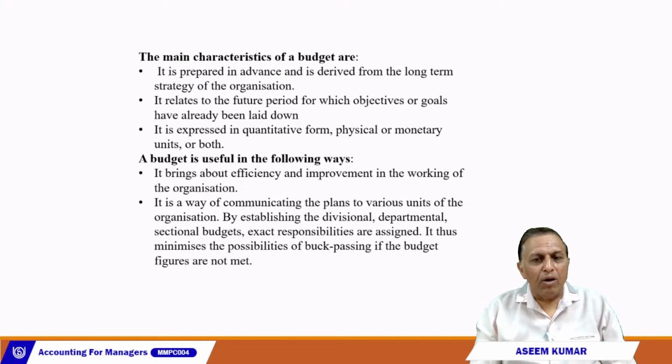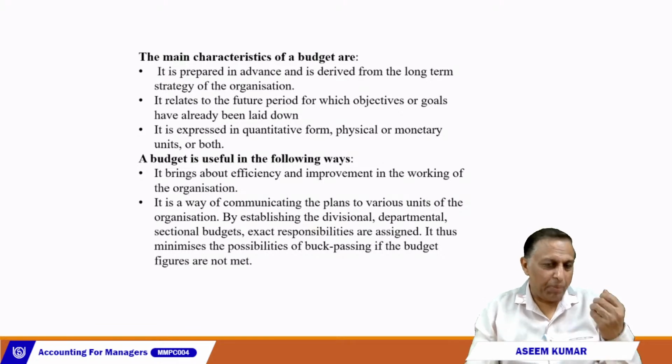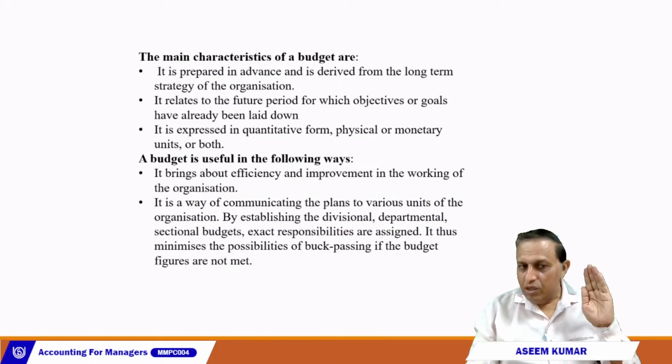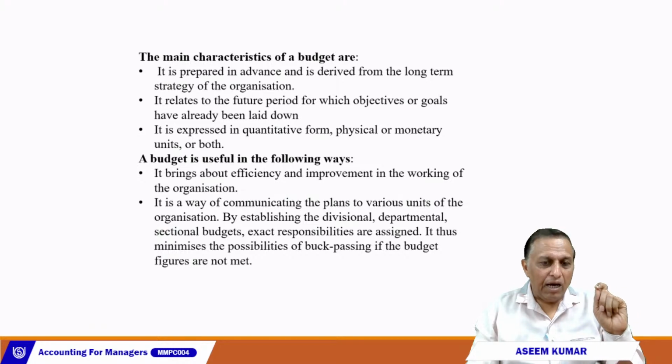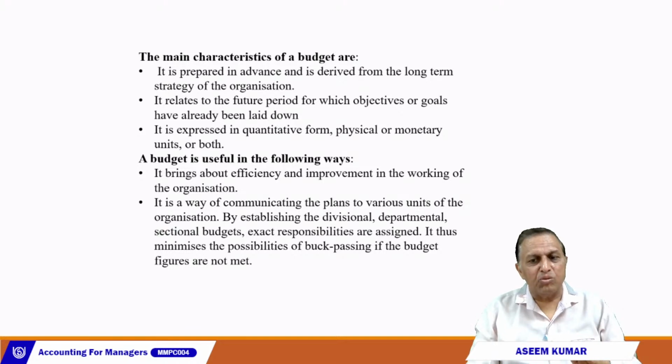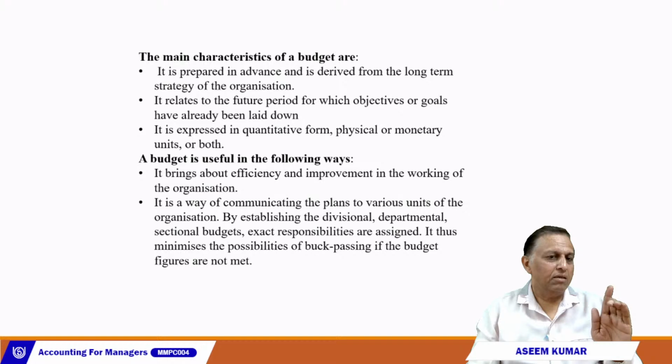It is a way of communicating the plans to various units of the organization. You see, when you are preparing the financial plans, you are communicating to the concerned units, and through those divisional, departmental, sectional budgets, exact responsibilities are assigned. It does minimize the possibilities of buck passing if the budget figures are not met.